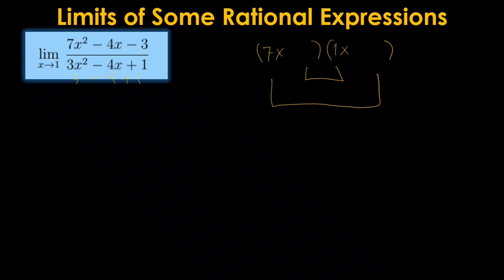So 3 should be here, and our 1 is here. Now let's multiply it. 3 times 1x is 3x, and then 7x times 1 is 7x. Now our middle term should be negative 4x, and that's possible when our 7 is negative and 3 is positive.